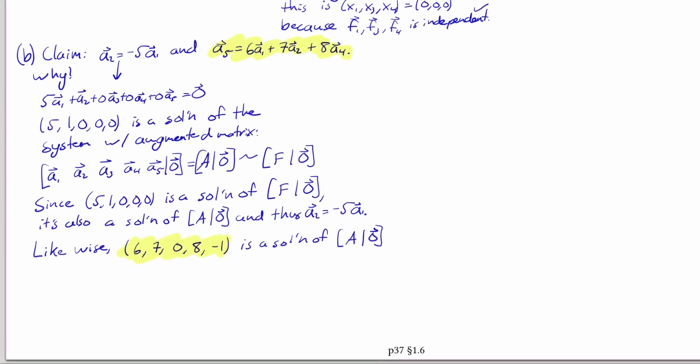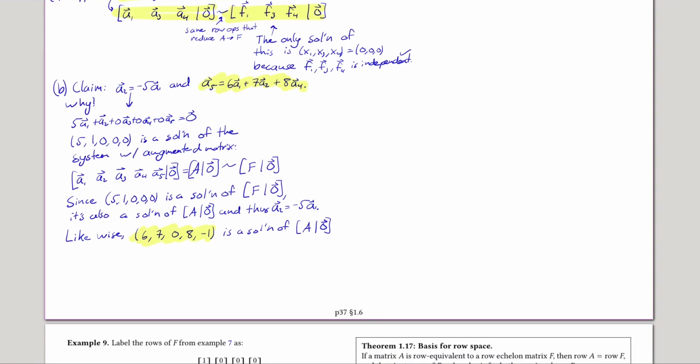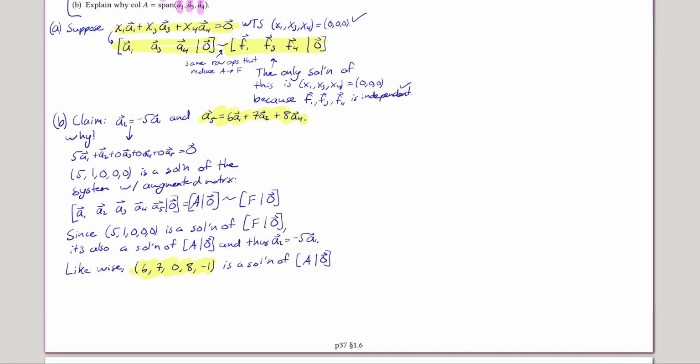So all of this is to show that A2 and A5, because they are non-pivot columns of F, and so are non-pivot columns of A, must be linear combinations of the pivot columns.